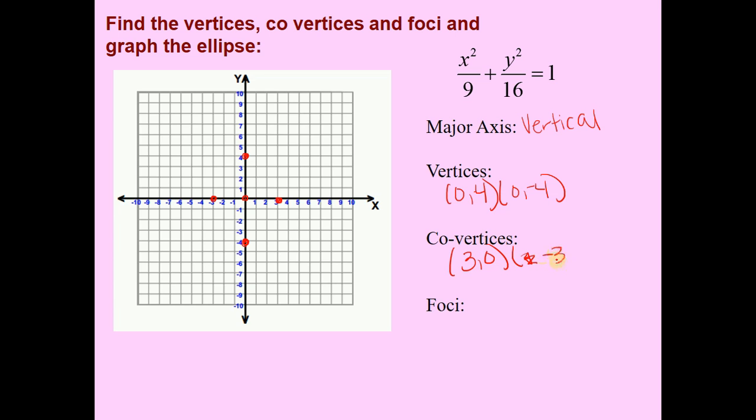Then my foci. Remember, we had to use the formula a squared minus b squared equals c squared. So my a squared is 16, b squared is 9. 16 minus 9 is 7. So that tells me the square root of 7 is equal to c, which is between 2 and 3.